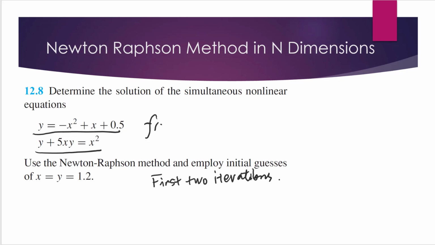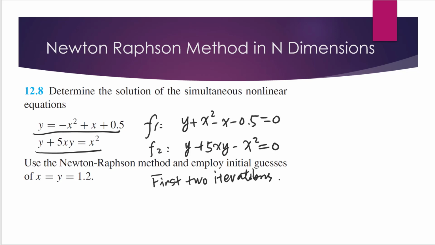Here f1 is y plus x squared minus x minus 0.5 equal to 0, just moving everything to the left-hand side and making the right-hand side equal to 0. Similarly, f2 is y plus 5xy minus x squared equal to 0.